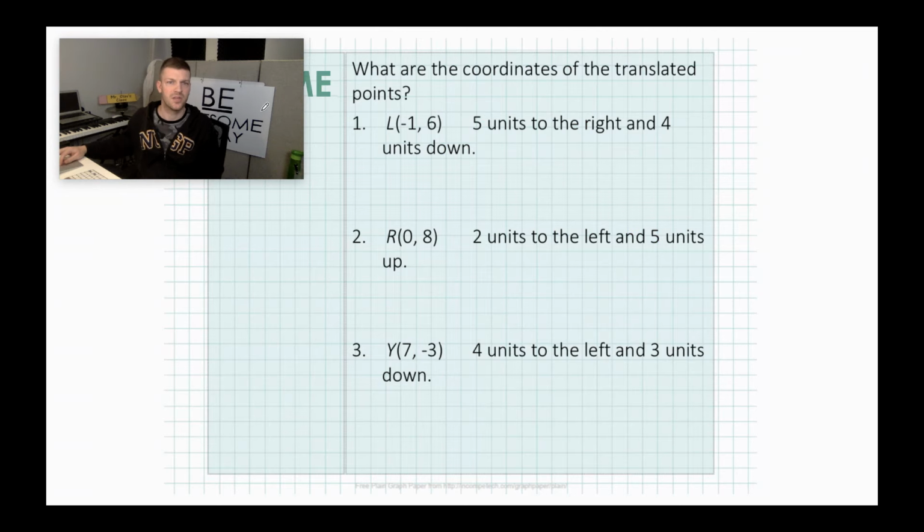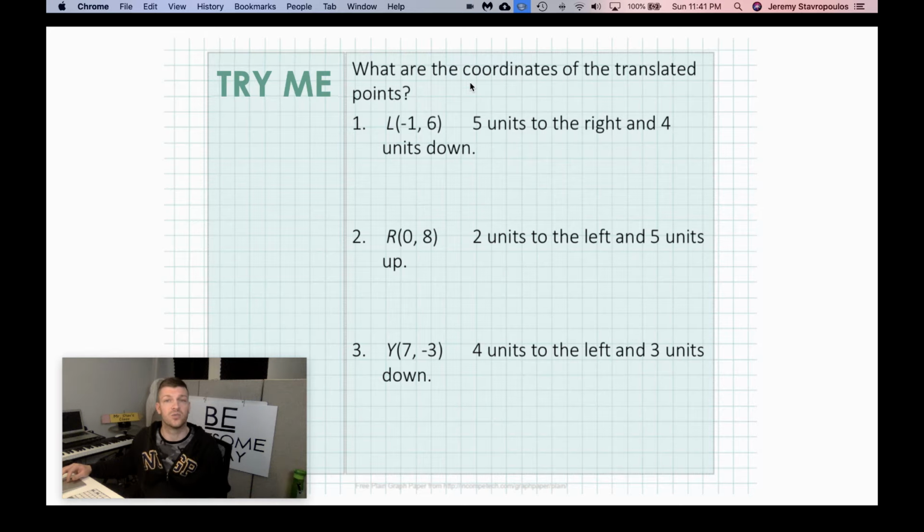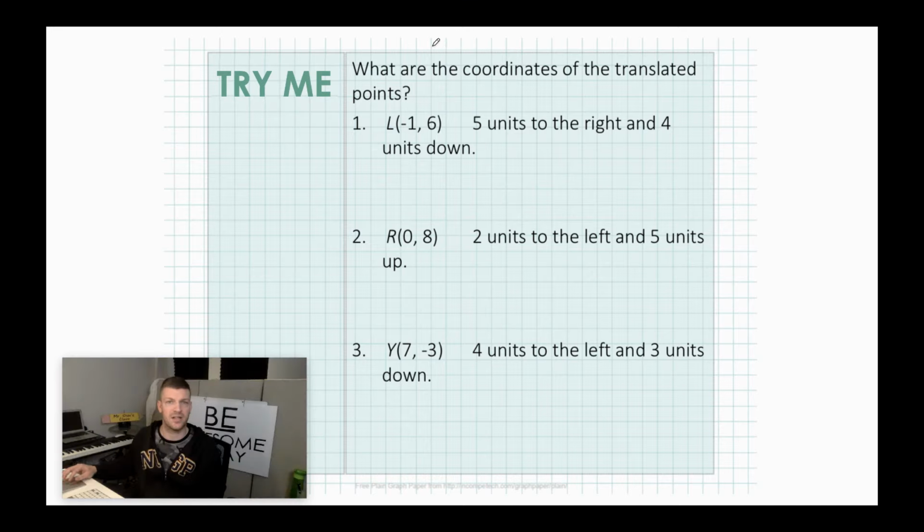So you're going to get a question like this. What are the coordinates of the translated points? I'm giving you this as the original point. Here is L, and the coordinates of point L are -1 and 6.